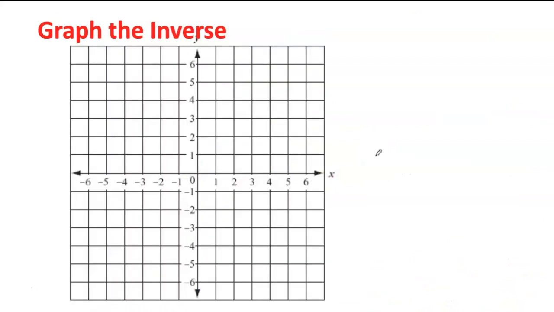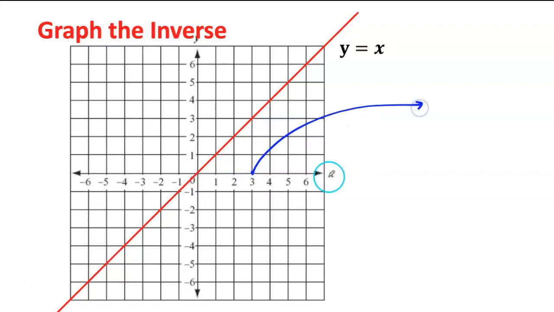All right, let's go. First, we're going to graph a function. Let's say I'm going to graph something like this. You notice I drew the line y equals x. Why? Because this line is the line of symmetry between my function and my inverse.